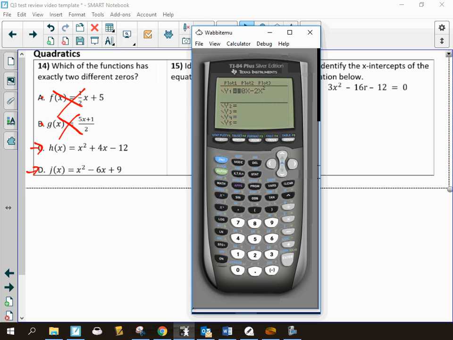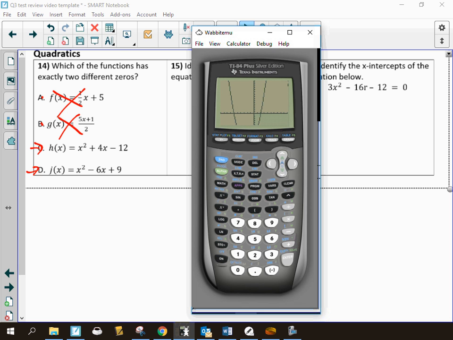The first one is x squared plus 4x minus 12. And the next one is x squared minus 6x plus 9.